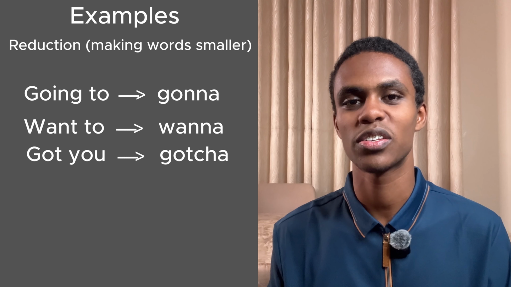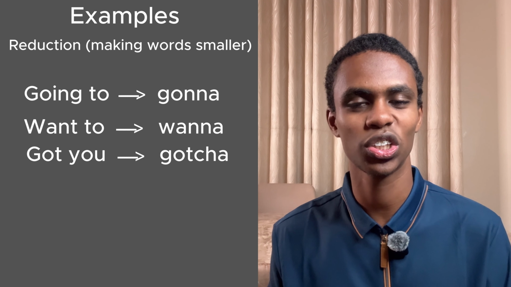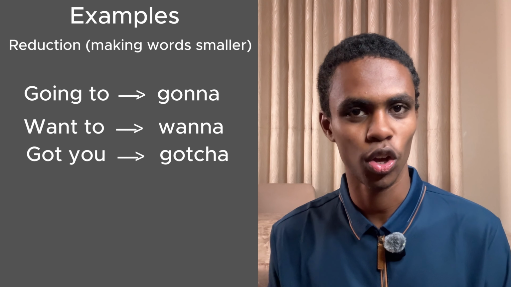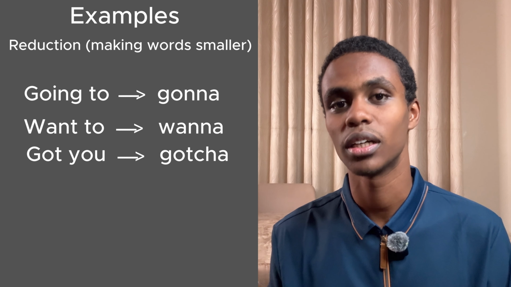And then the last example, and this is typical of American English, is that "got you" becomes "gotcha." So these are the tricks to connected speech. If you understand these concepts, then it's very easy for you to spot connected speech. And that will mean that you're going to understand native speakers a lot easier than before.